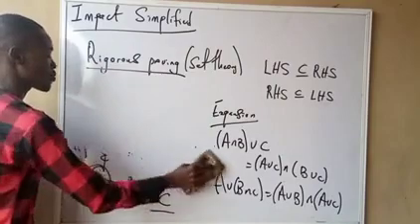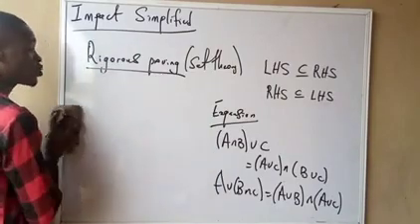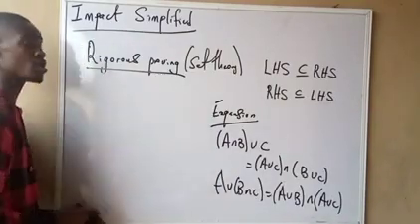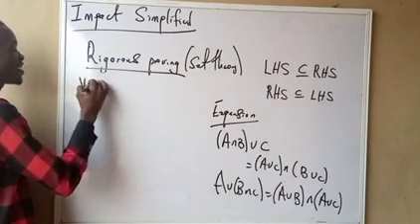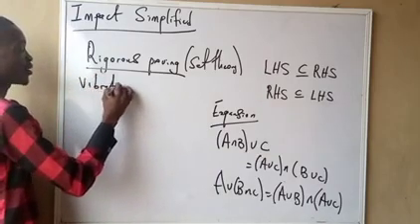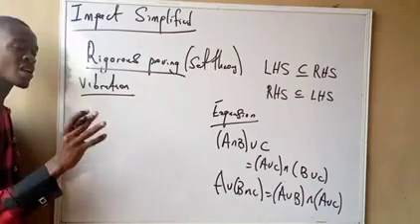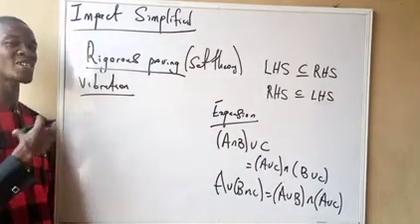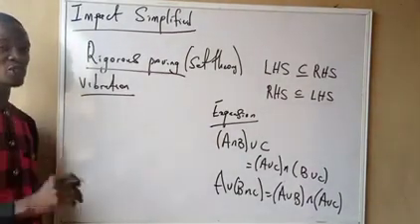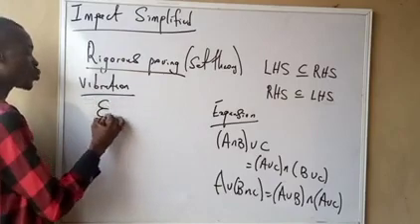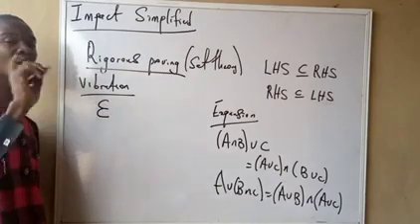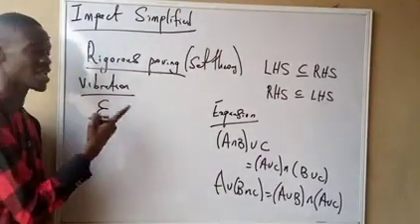And also, apart from the expansion, the last thing we need to know under rigorous proving is something I framed or termed myself as vibration. What is the meaning of vibration? Vibration is this: we must always leave all our proving in terms of element.